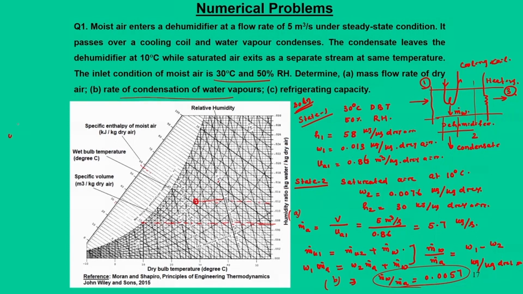So, for the refrigerating capacity we can write Q dot is equal to m dot A into H1 minus H2. So, the cooling load we can now calculate, m dot A is already known, 5.7 into H1 is 58, H2 is close to 30.